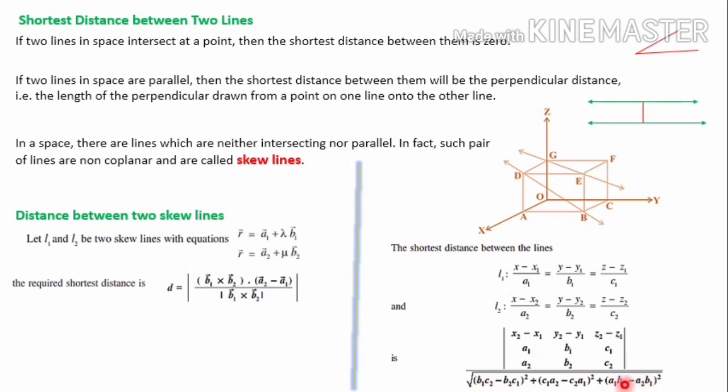There is a short form to write this denominator without mistake, which we will learn while solving the questions.